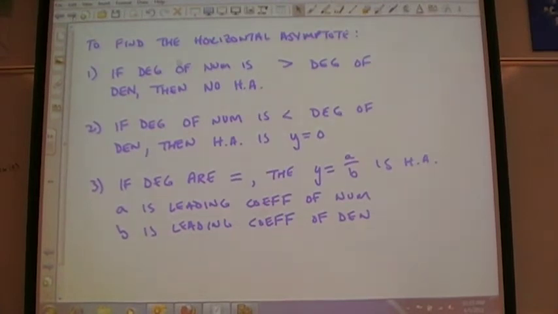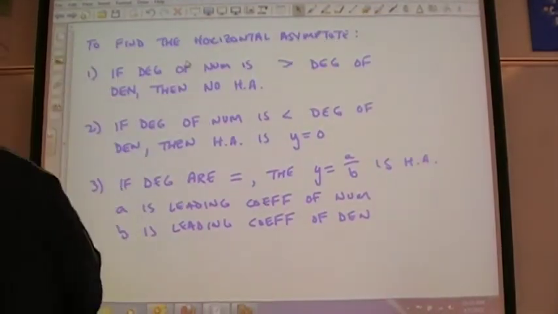Alright, write this down. That's a lot. Those are the rules for finding the horizontal asymptote. I abbreviated a lot, so I will read them out to you. To find the horizontal asymptote, there are three different things that could happen. DEG stands for degree.